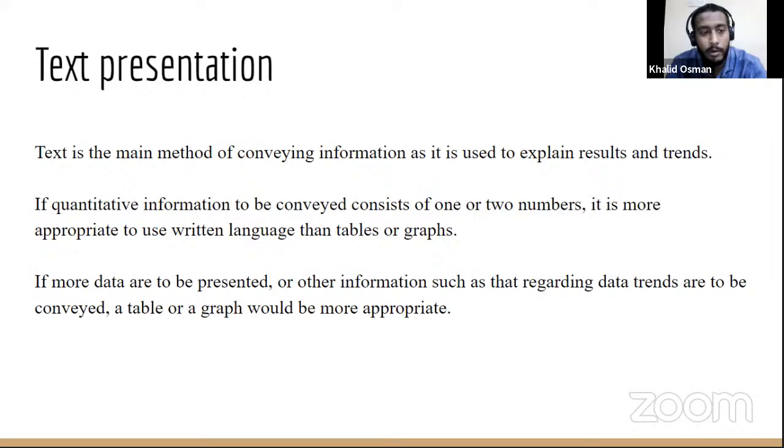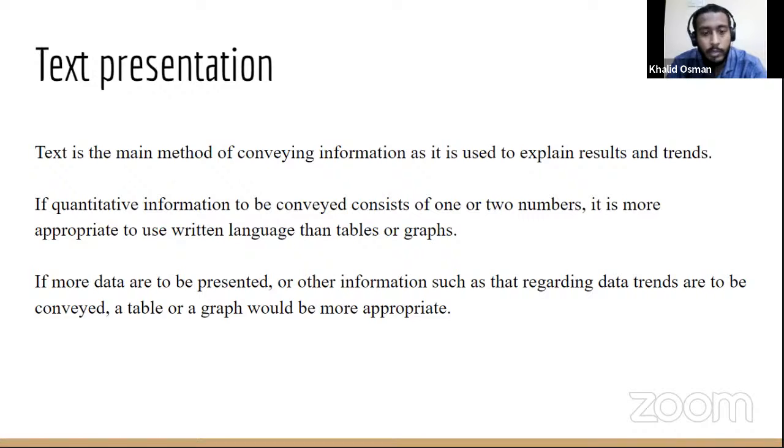If, however, your data is more complicated, you have ranges of different results and different groups or categories, then it's of course better to use a table or a graph, because using text would be very confusing and it's going to be a very lengthy result. So it is important to consider what type of data you have and how you are going to present it.